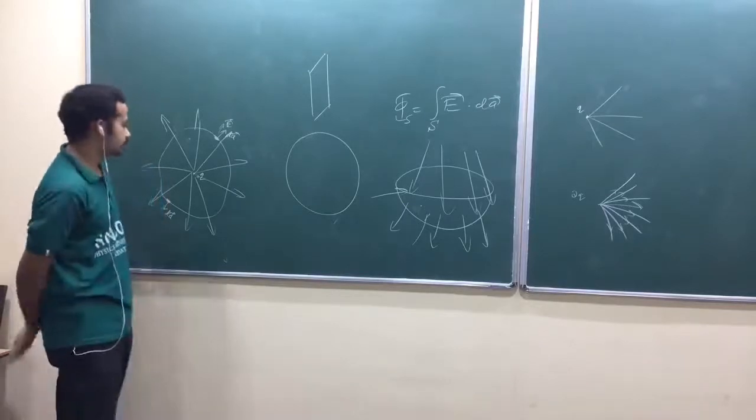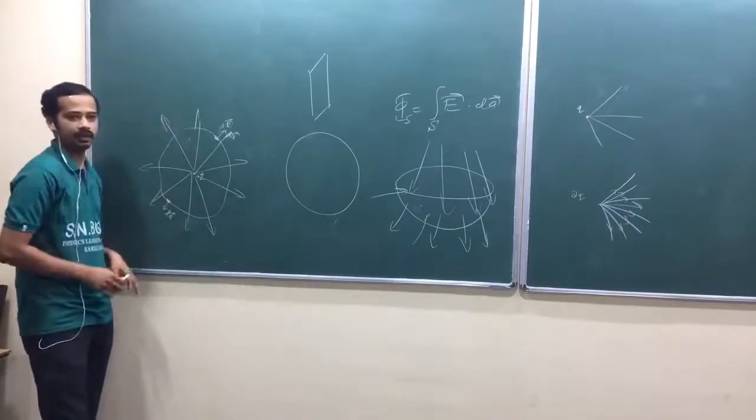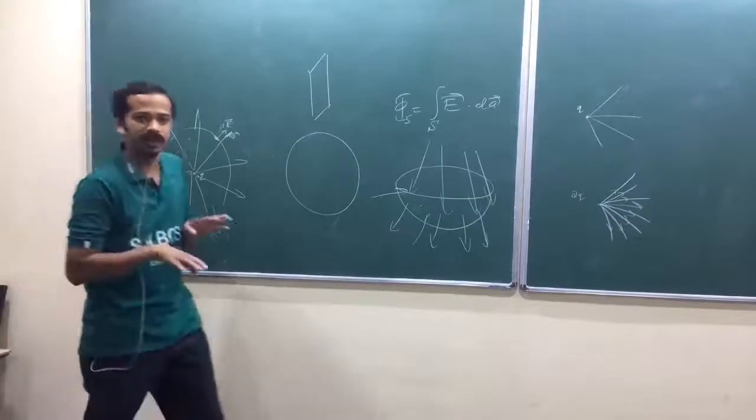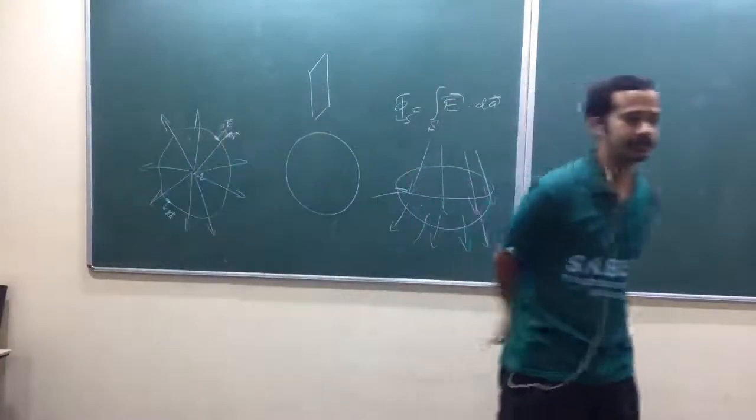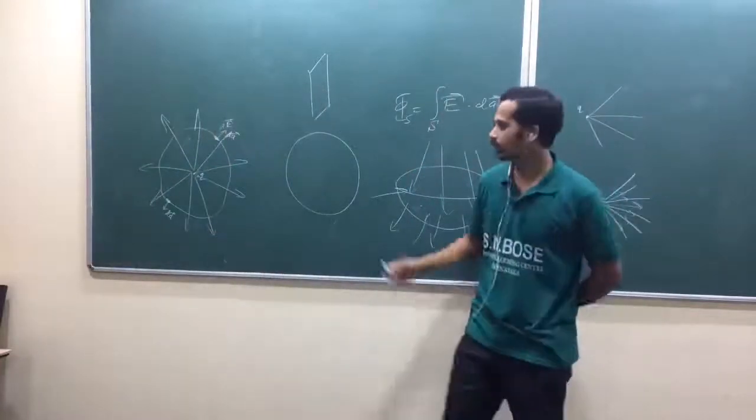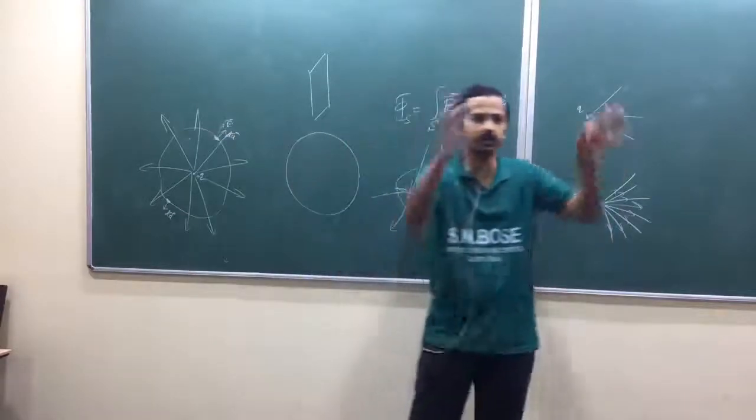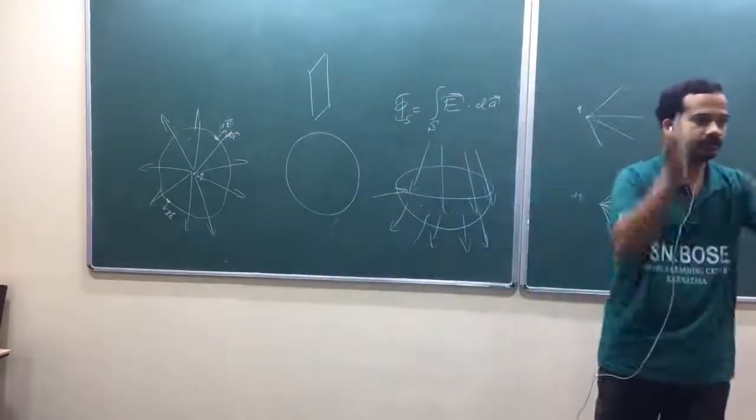But when you talk about a closed surface, outward flux means the net field lines going out from that region. That closed surface will define one region, one volume in space. Am I right?